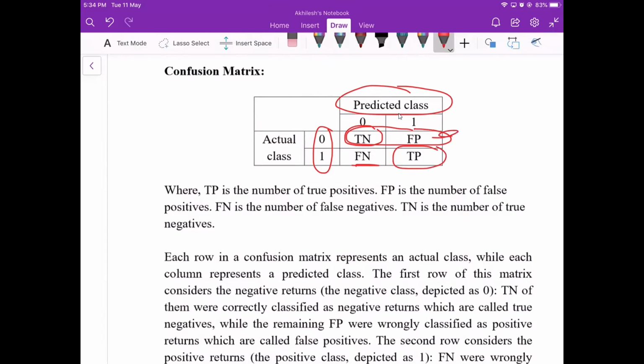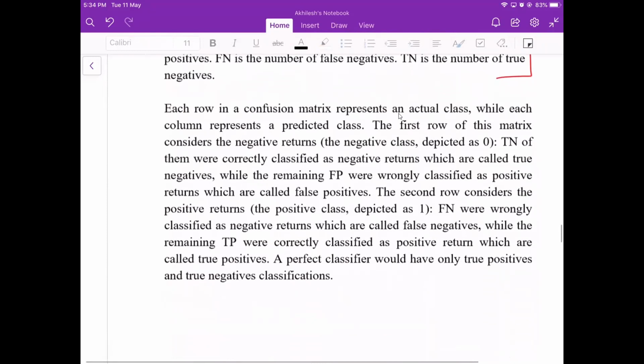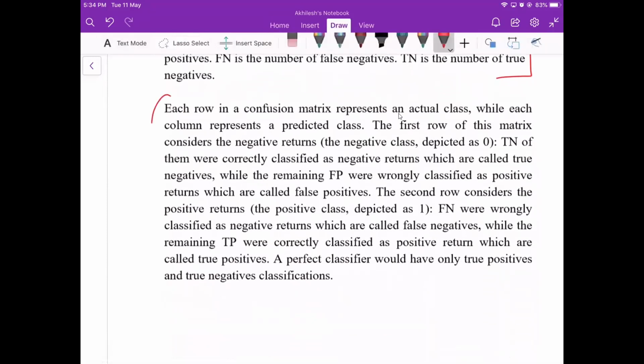This is actually negative, but it is classified as positive. It's called false positive. Okay, and here you have further description that we have already talked about.